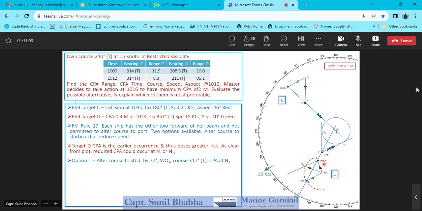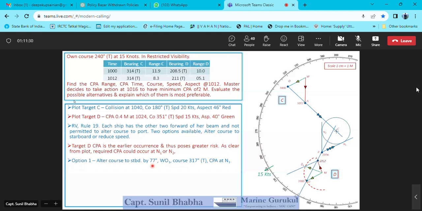So if own ship alters course to 317 degrees true, initial course is 240, so that's an alteration of 77 degrees to starboard. If our ship alters course to 317 degrees true, effective at 1016, the target will have a CPA of 2 nautical miles at point November 1.